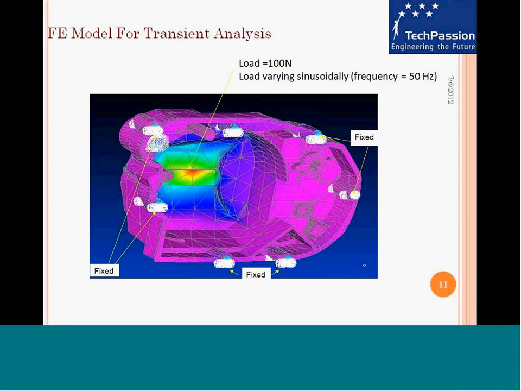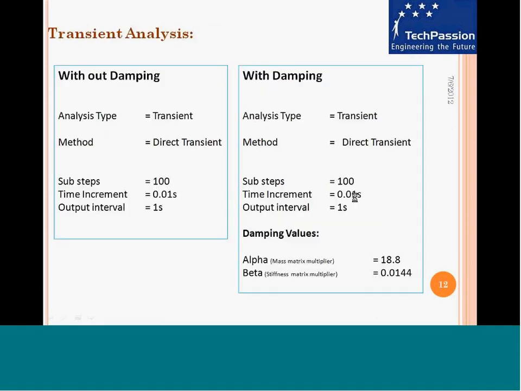The analysis that is performed is transient analysis. We apply a sinusoidally varying load with a frequency of 50 Hz and amplitude of 100 Newton. And the points where the component is fixed to the motorcycle through bolted joints are all marked by these fixed boundary conditions in the finite element model. This shows some of the parameters of the model.